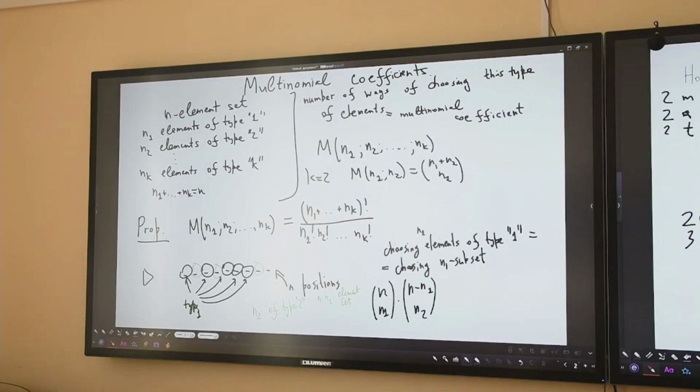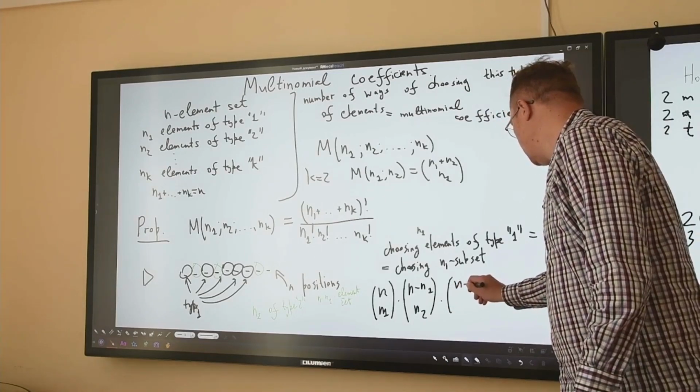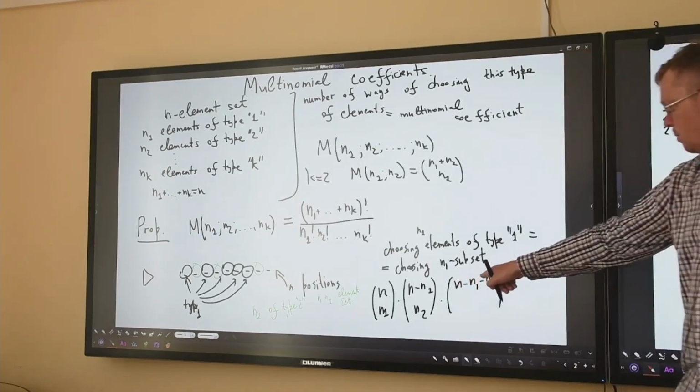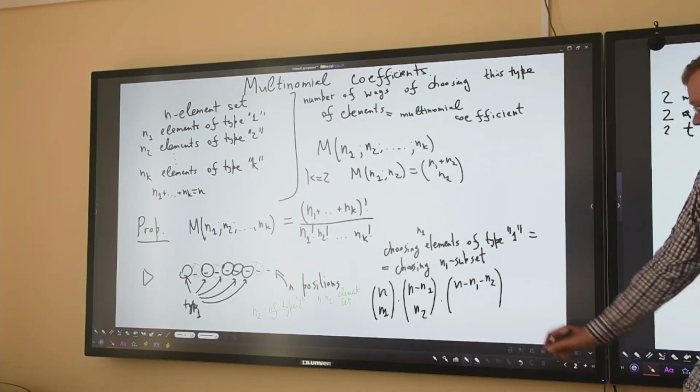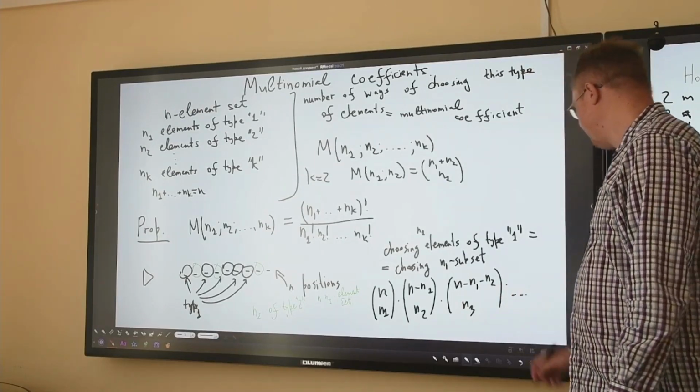And then I need to choose elements of type 3 from the set consisting of n minus n1 minus n2 elements. I need to choose n3 elements, and so on.